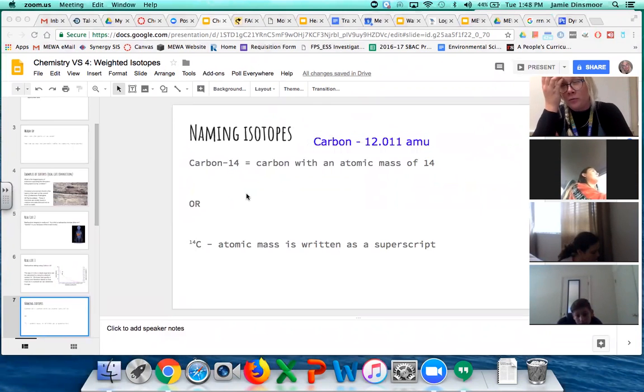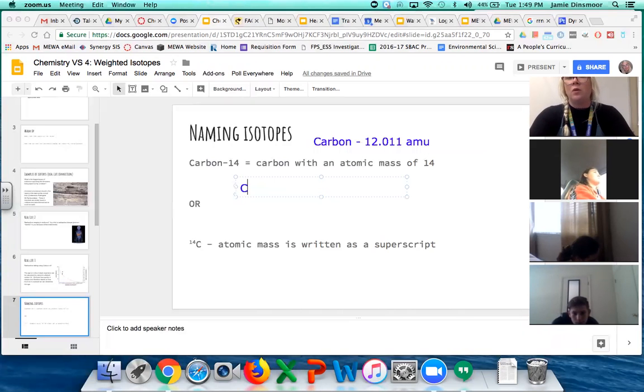So we talked about before, you can't change the protons, right? Because if we add protons to carbon or take protons away, then we don't have carbon anymore. We can't change the electrons because we have the same amount right now in carbon. So the only thing we can change is the neutrons, right? Because neutrons don't have a charge, they're not going to impact the charge. The only thing they will impact is the mass.